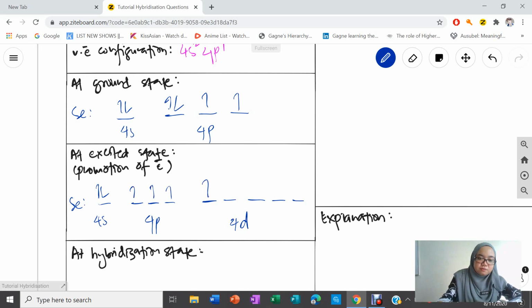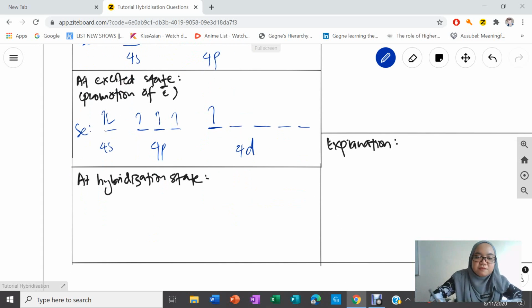So at hybridization state, we want to form sp3d. For sp3d, we need 1 s orbital plus 3 p orbitals plus 1 d orbital mixed together to form 5 sp3d orbitals. So the sp3d orbitals for Se: 1, 2, 3, 4, 5. 1, 2, 3, 4.